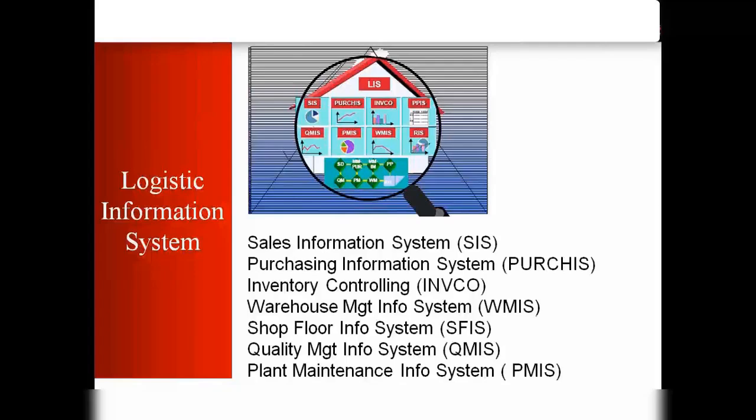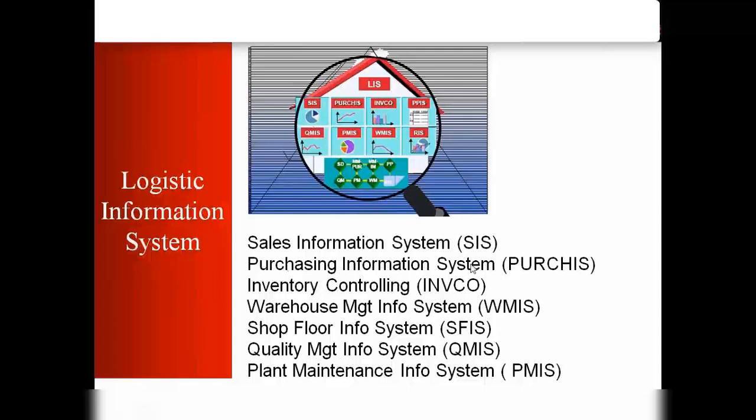We have a thing in SAP called the logistic information system, also known as LIS. LIS is just a combination of different types of reporting systems that we have in the SAP system. For example, we have the sales information system, called SIS, where you can have reporting for sales specific activities like sales order, billing, and delivery and all that.